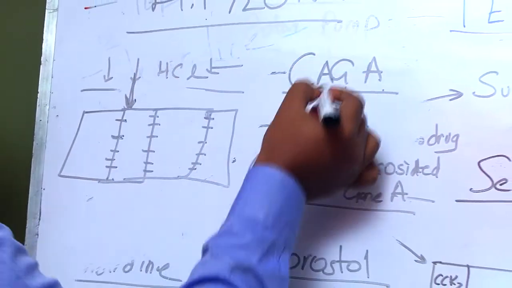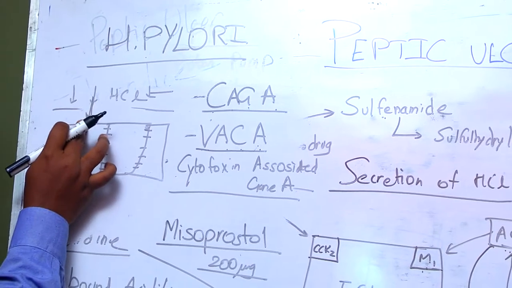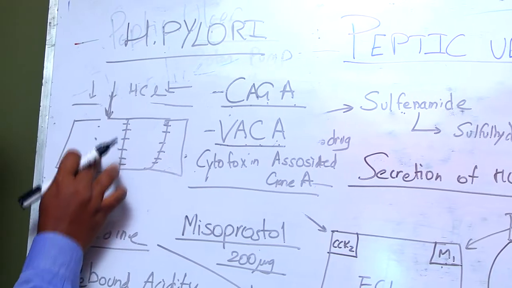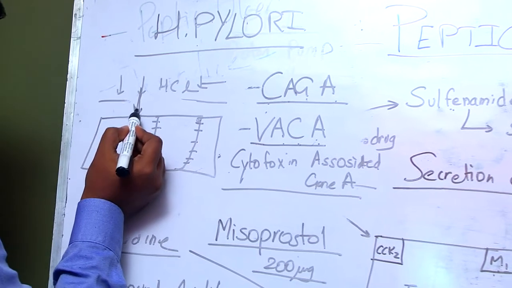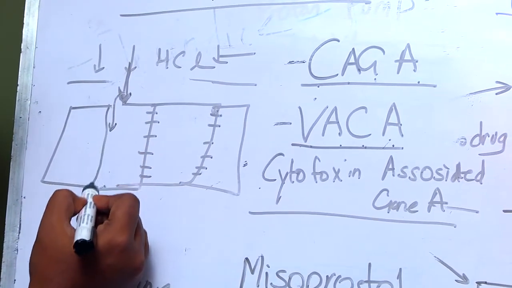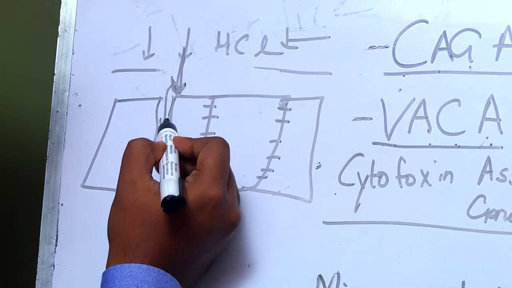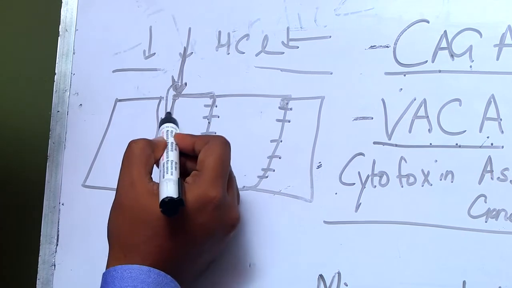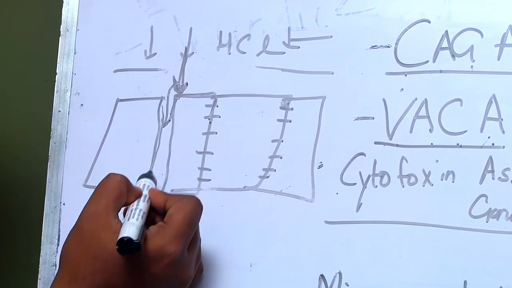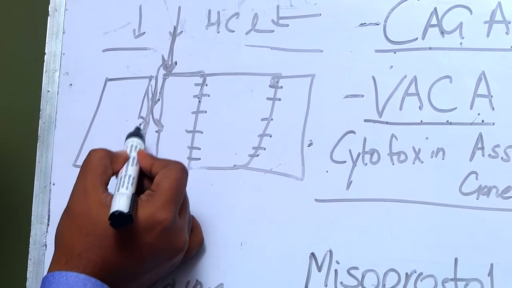So what this CAG-A does is that it disrupts the tight junctions here. When there is disruption of these tight junctions, HCl will seep into the cells, right? This part is almost resistant to HCl, but this surface is not resistant to HCl. So the HCl will start acting like this.